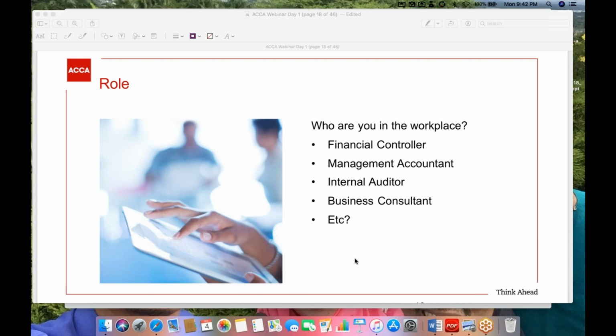I always tell my students that the role is asking you to use some imagination, as if you are the actual financial controller in that organization, or the actual management accountant. If it's you, what do you do?